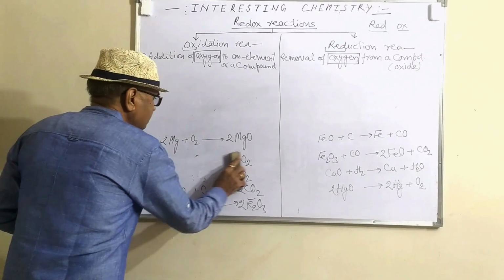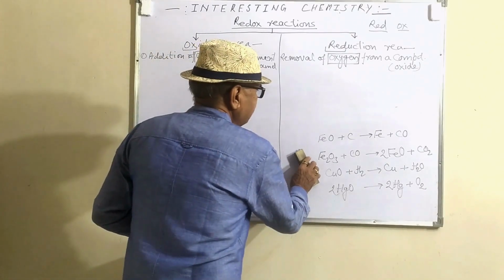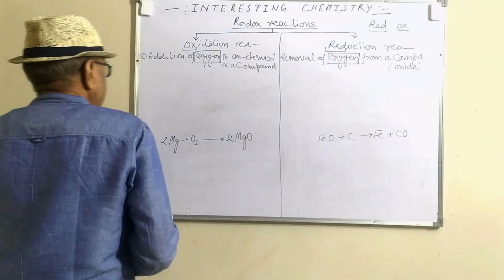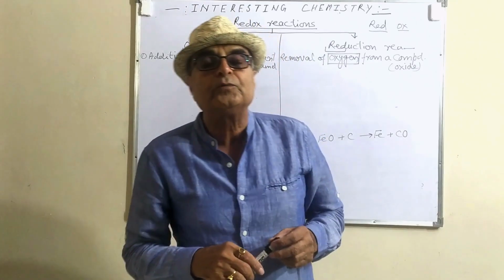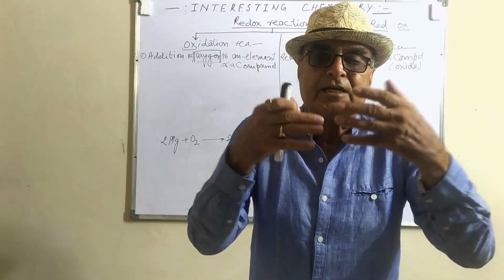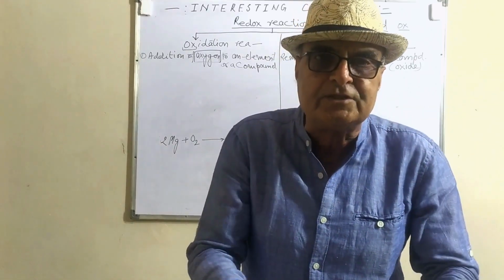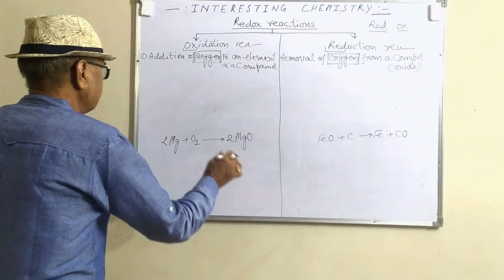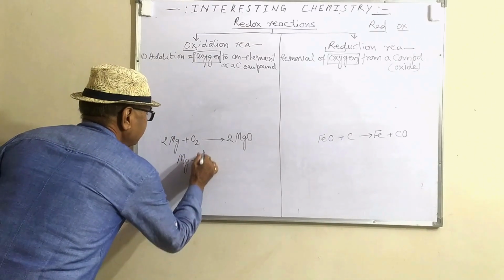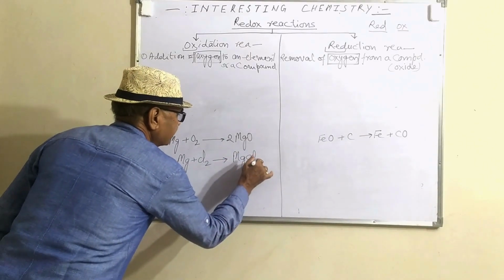But here, I think you have noted all the equations. Now, I am giving you some more concept of the oxidation. Suppose here we take any other reaction. With the development of chemistry, the number of elements increased, and in the same way, the number of reactions increased. Then I found one reaction that when magnesium reacts with chlorine, then magnesium chloride is formed.